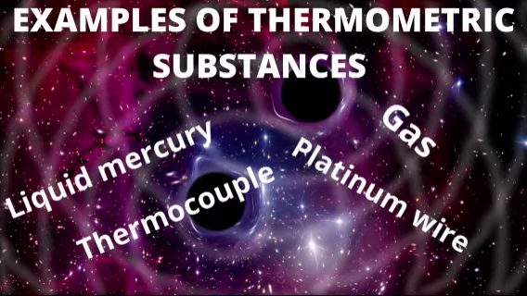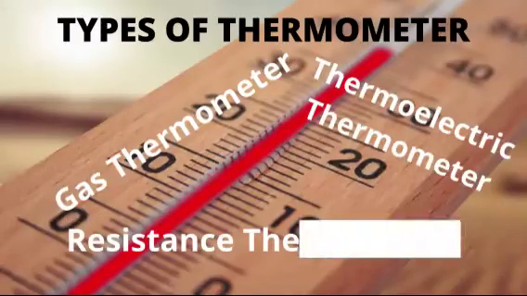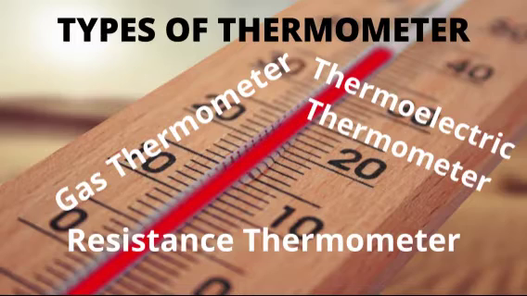We have gas, the platinum wire, and the thermocouple. So basically all these things have properties that respond to heat. There is either an increase in resistance or an expansion in volume and all that.